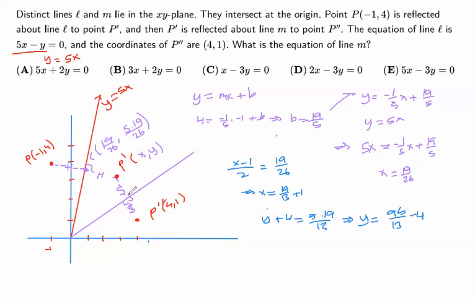And now if you'd like to find the midpoint, you just add this x coordinate and this x coordinate, and divide by 2 to get the x coordinate right here. So let's try that as well. As a next step, 19 over 13 plus 1, and that's the x coordinate of the p prime.